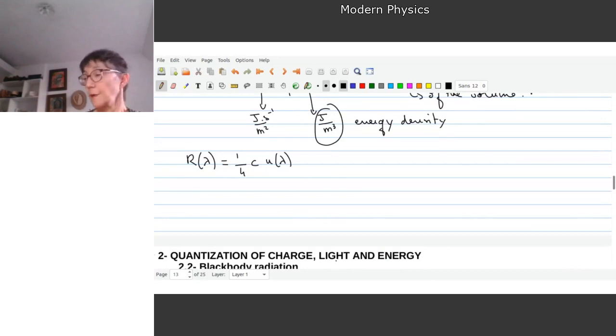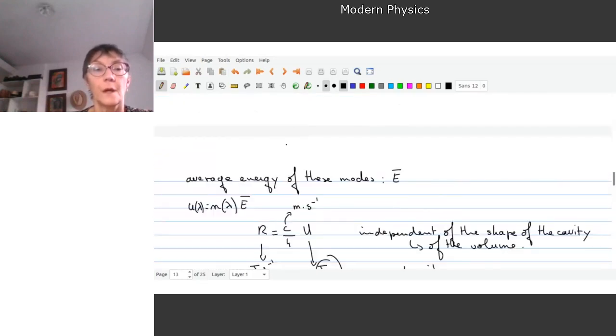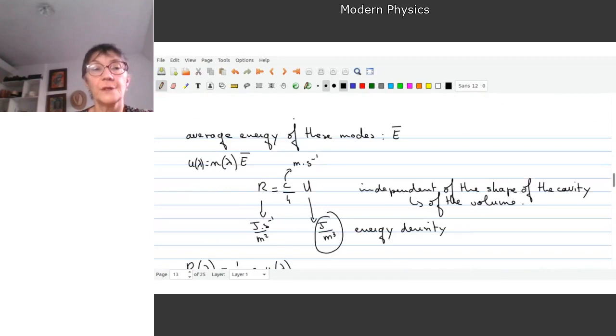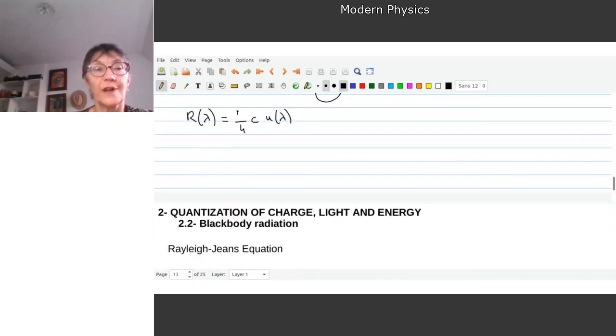And so we can show that, to measure the average energy, the mean energy of these modes with classical physics, what you do is define an average, a mean value.